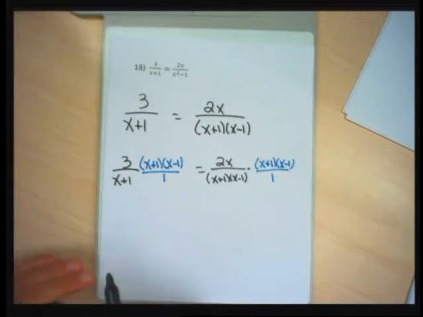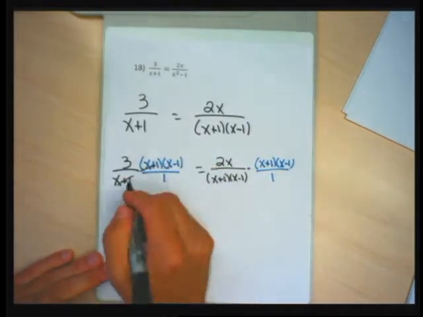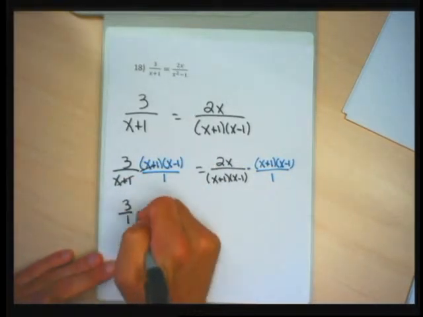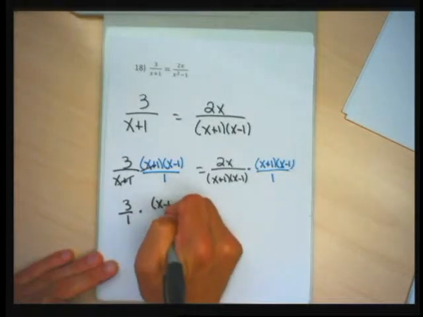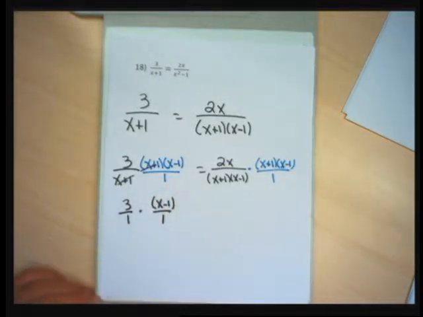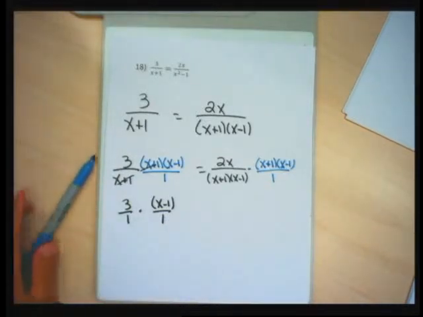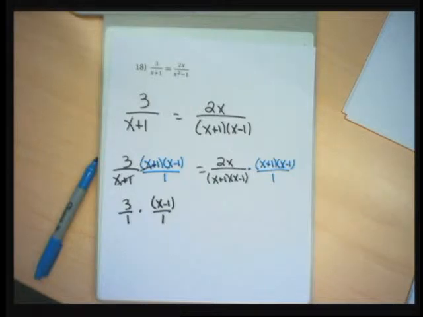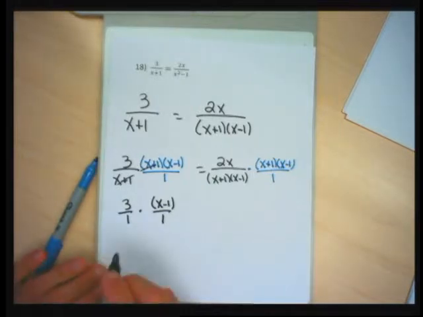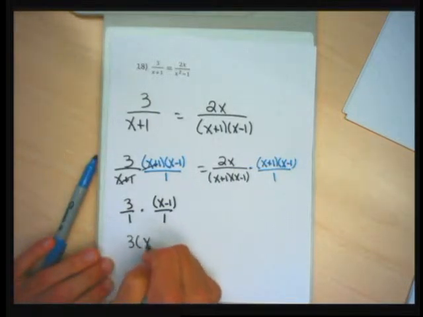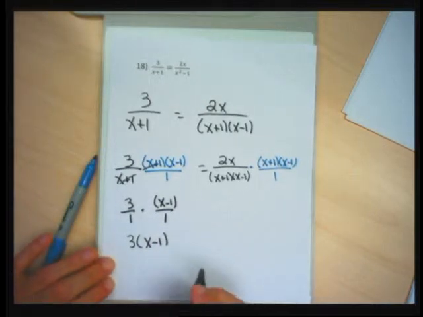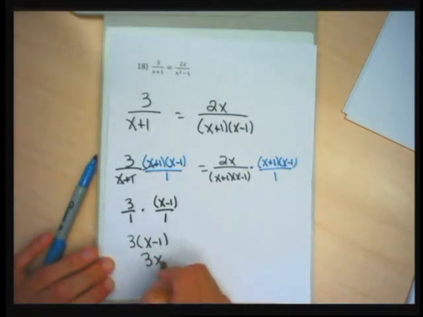Now I'm going to cancel. Cancel, cancel. I'm left with 3 over 1 times x minus 1 over 1. I really need the parentheses with that x minus 1 because the 3 needs to be multiplied by both the x and the 1. So when I clear that fraction, I get 3 times x minus 1 on the left side, which is just 3x minus 3.